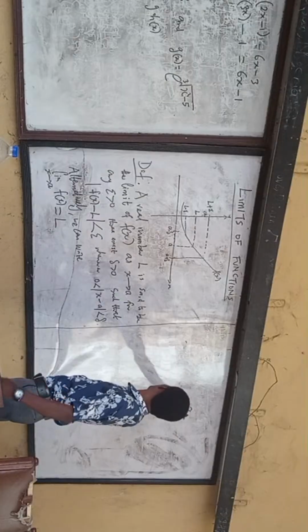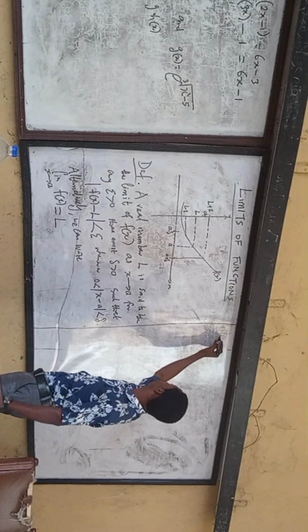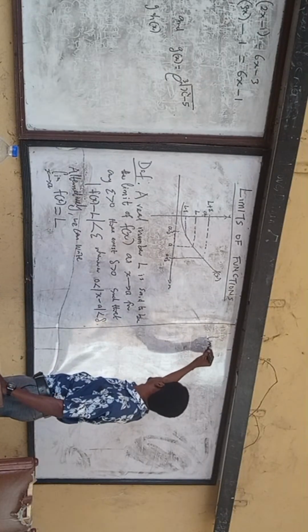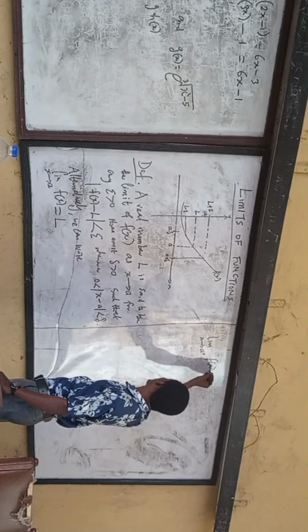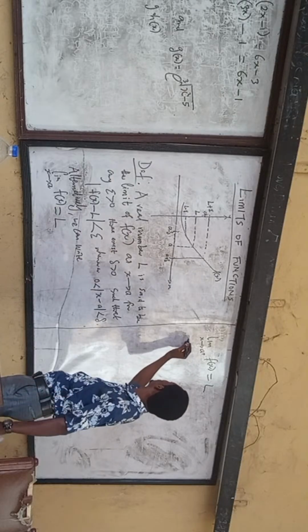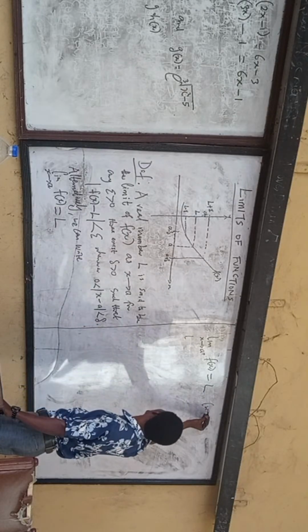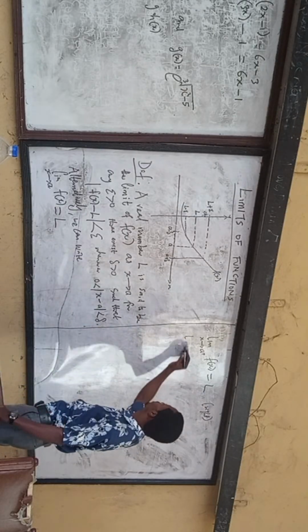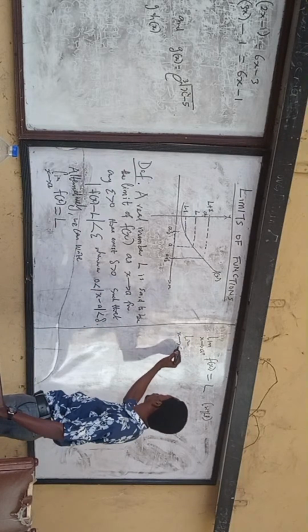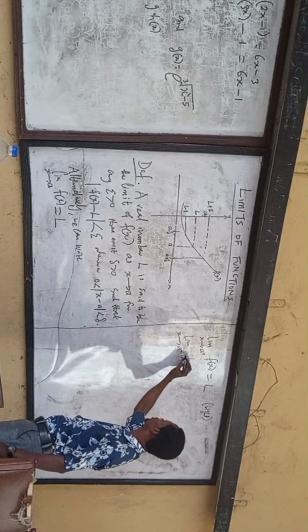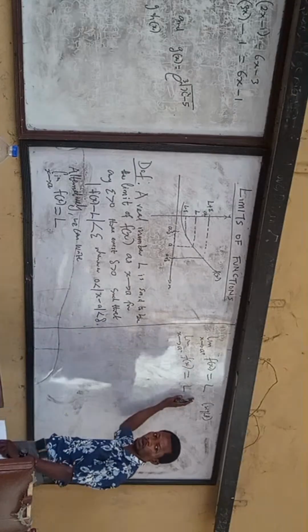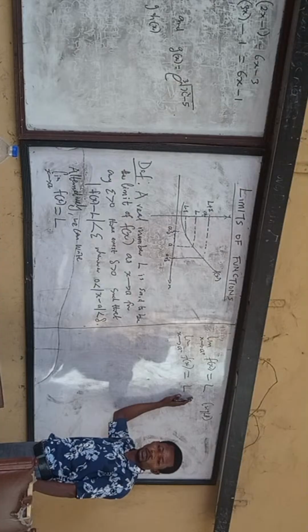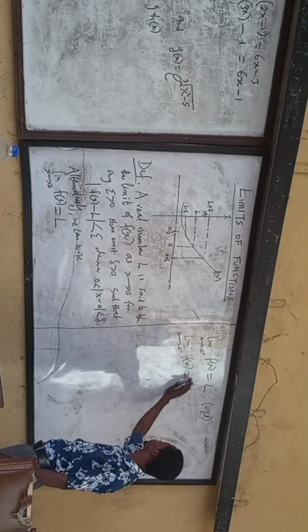If you want to specify whether from the right or from the left, you say the limit as x tends to A positive of f of x is L. That is from the right. Then the limit as x tends to A negative of f of x is, I want to use another number. Let's say, give me a number now.